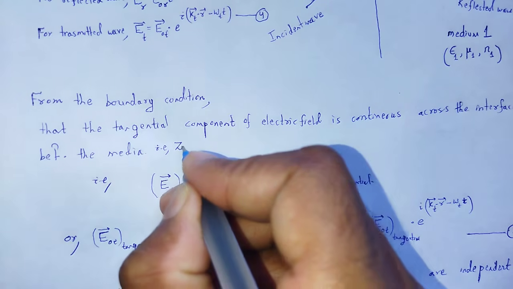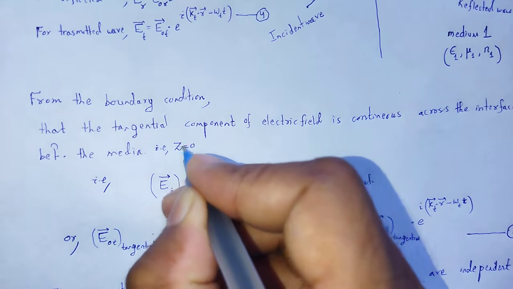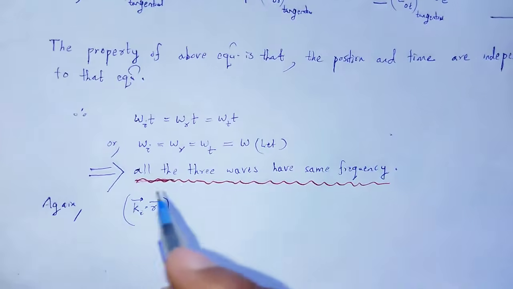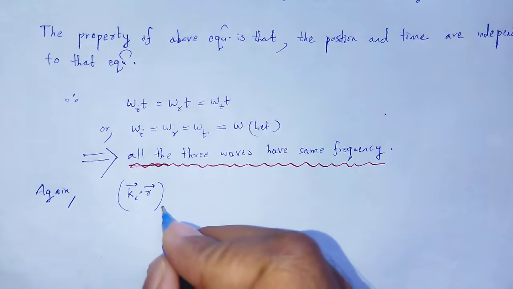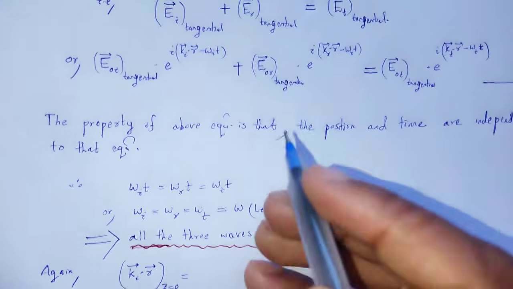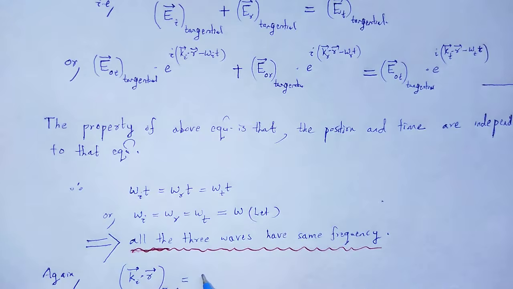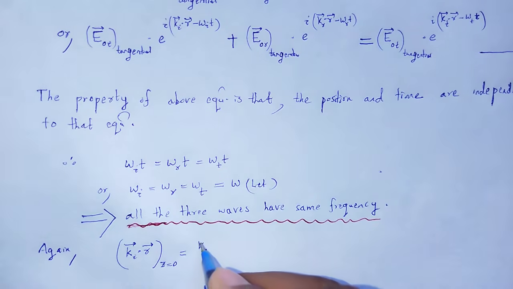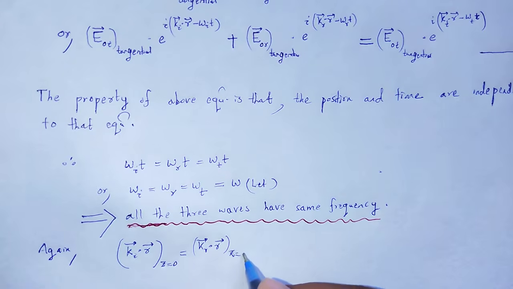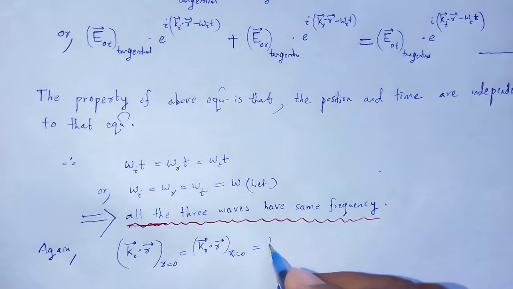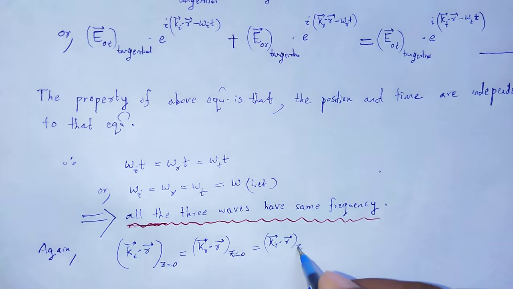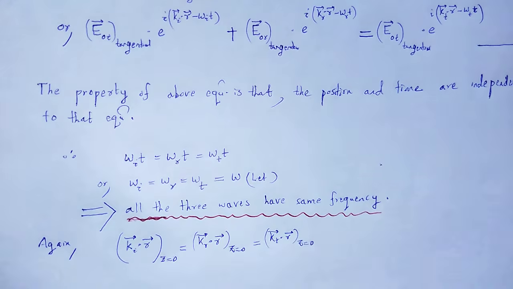Therefore, ki dot r vector at z is equal to 0, next kr dot r vector at z is equal to 0, kt dot r vector at z is equal to 0.